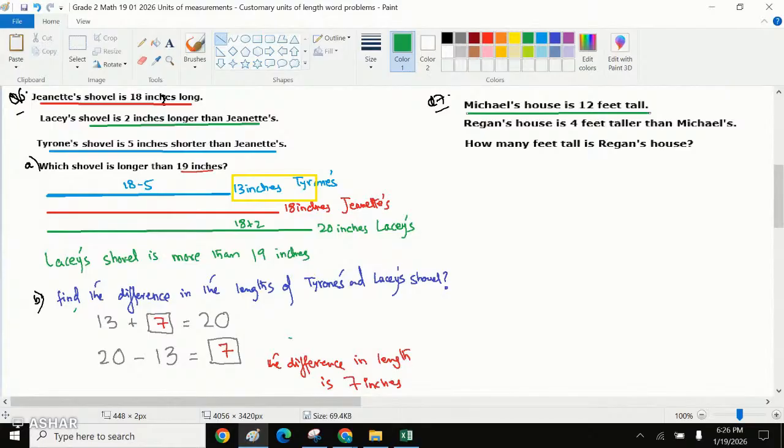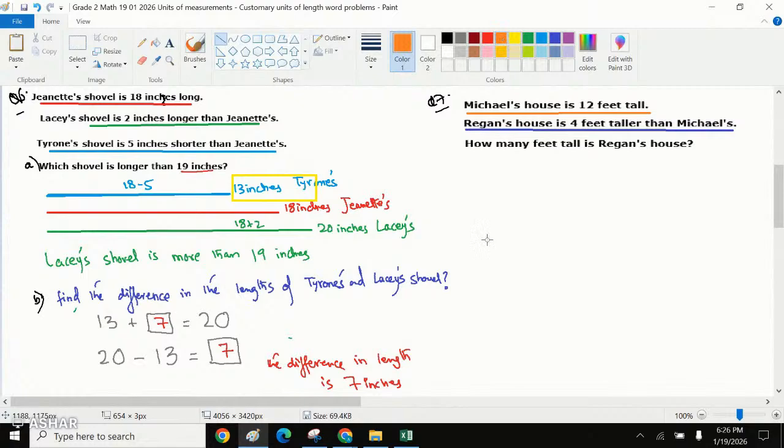And let's look at Reagan's. Reagan's house was 4 feet taller, right? So what we can say over here is Reagan's house is 4 feet taller than Michael's, right? So suppose we do a vertical over here.